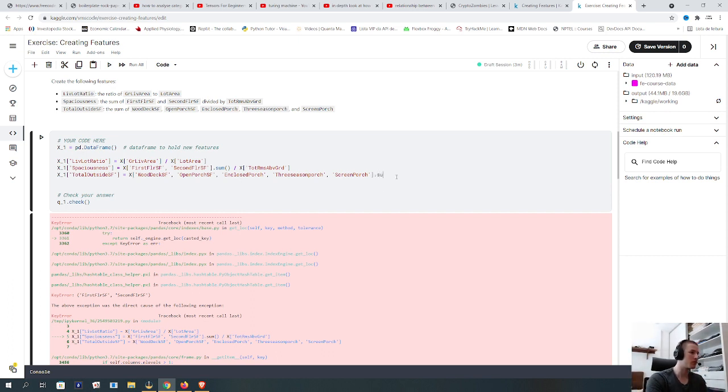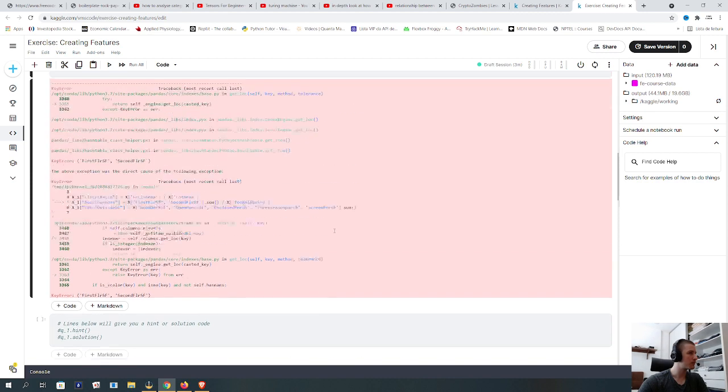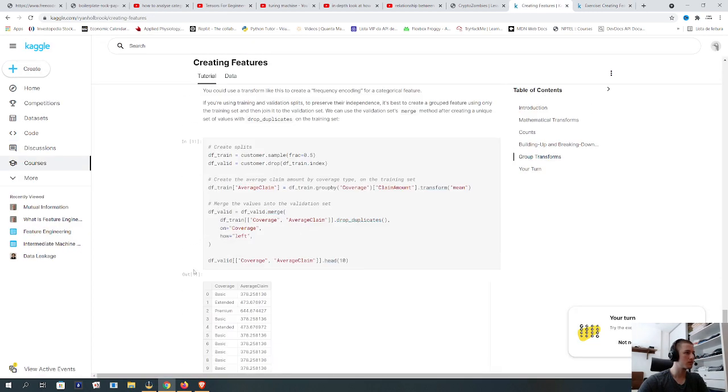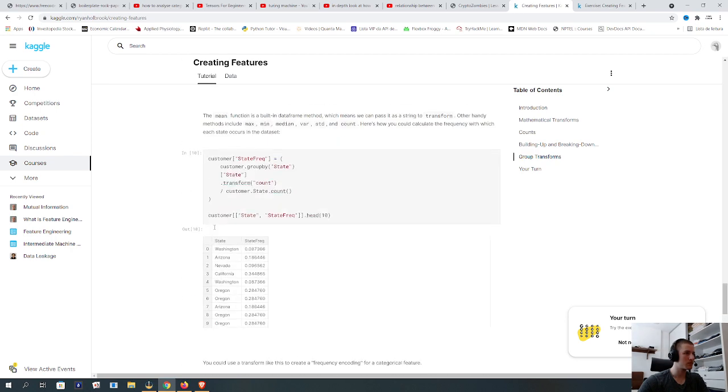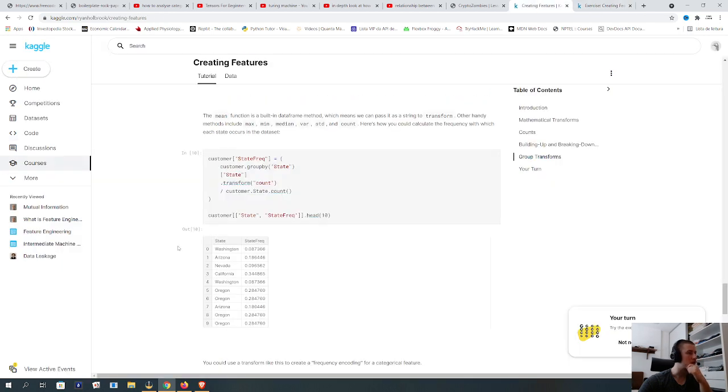Oh, here. Forgot the sum. I forgot how to do this. Oh, I should use transform maybe. Yeah, I should use transform.